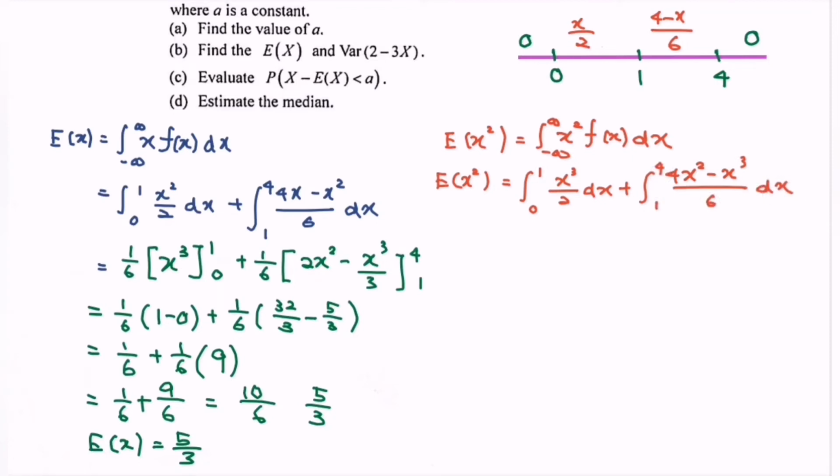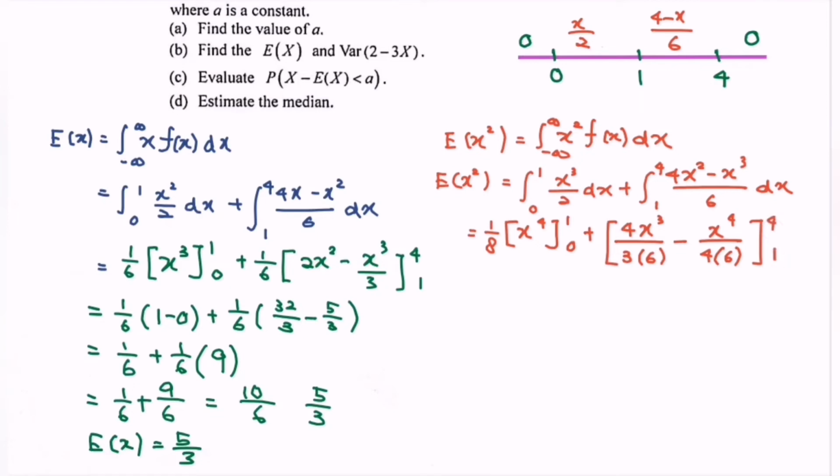Kindly integrate the situation. So we will have x to the power 4 over 8, 0 to 1, plus, continue, we have 4x to the power of 3 over 3 multiplied with 6, minus x to the power 4 over 4 multiplied with 6.